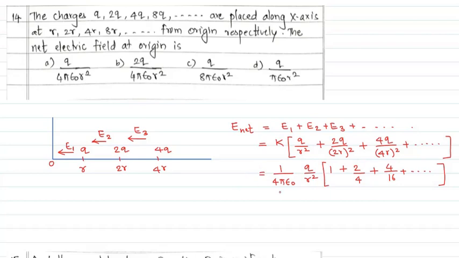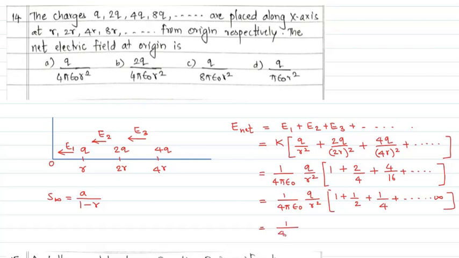So this is equal to 1 by 4 pi epsilon naught q by r square into 1 plus 1 by 2 plus 1 by 4 plus so on up to infinity. Now this bracket is in GP, so apply the S infinity formula of GP. S infinity is given by a divided by 1 minus r. So a is 1 divided by 1 minus 1 by 2.